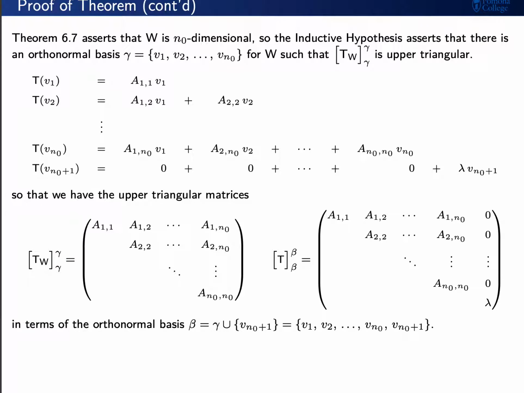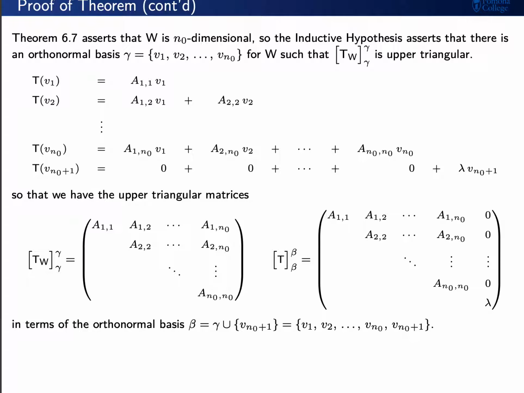Using this now, we can then see the way that our matrix representations must work. Indeed, if we consider the matrix representation of our restriction T_W with respect to gamma, we see here our upper triangular matrix. This we know must exist by the inductive hypothesis.